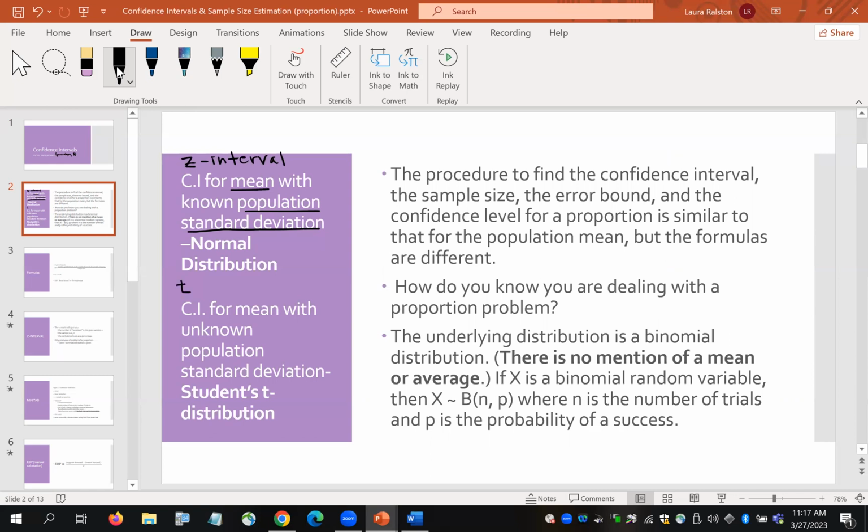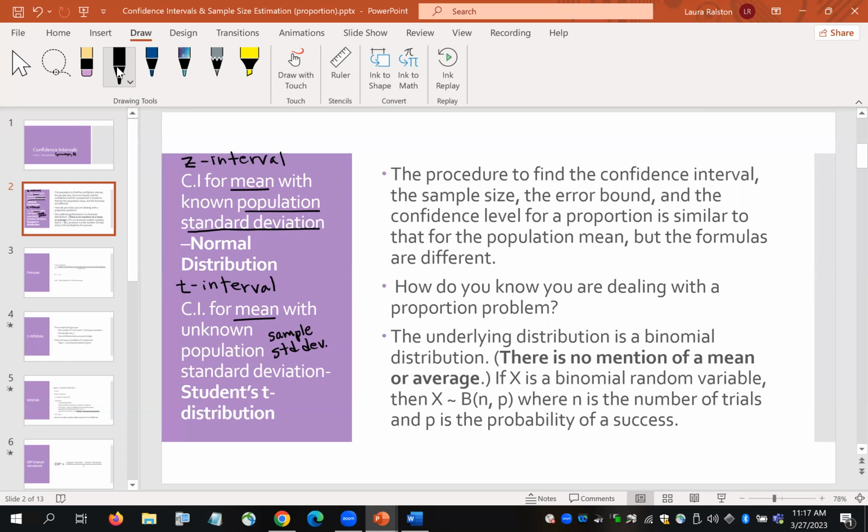I just told you that when we're doing the T interval, it is related to the mean, but we do not know the population standard deviation, we know the sample standard deviation, and that is related to the student's T distribution.